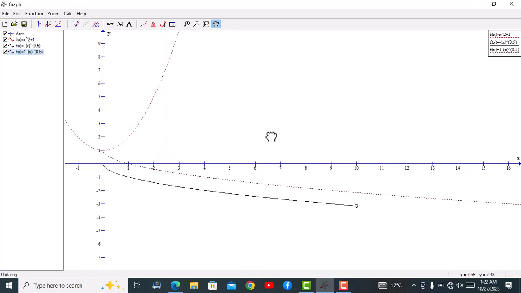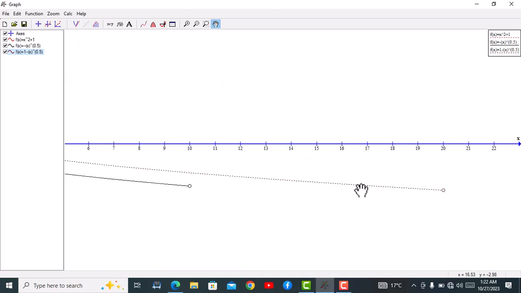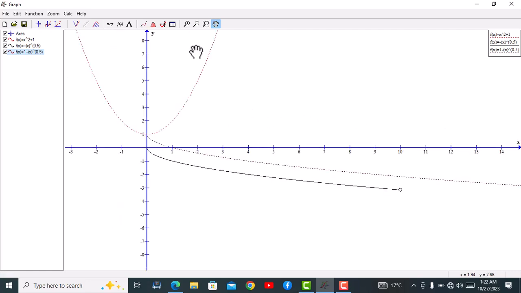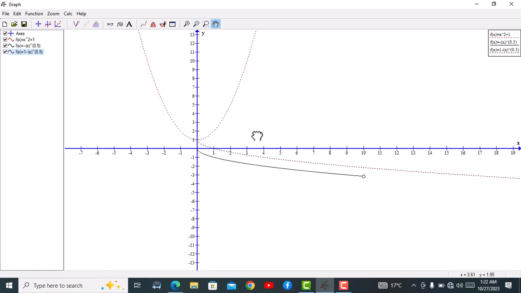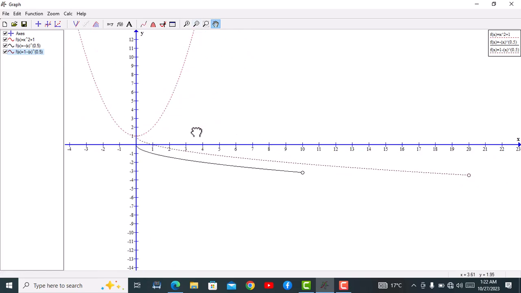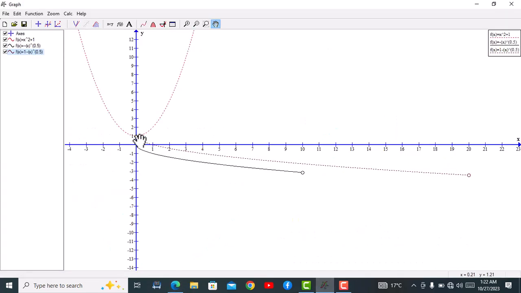And I want you to notice something. Look where the graph is heading. There it is heading, but we can never say that it's heading towards negative infinity. It has to be less than negative infinity, because let me show you something.